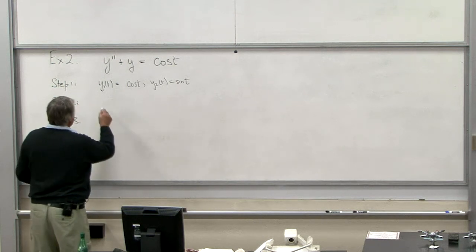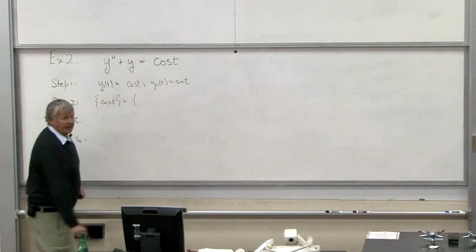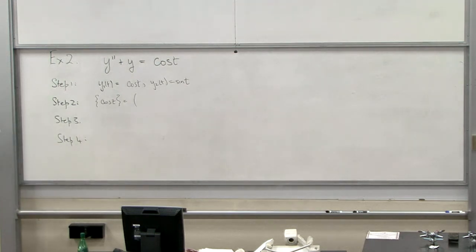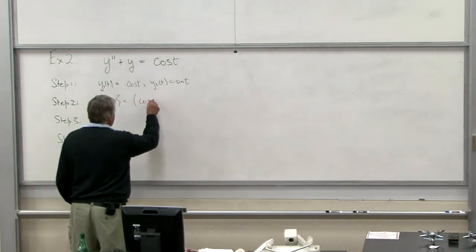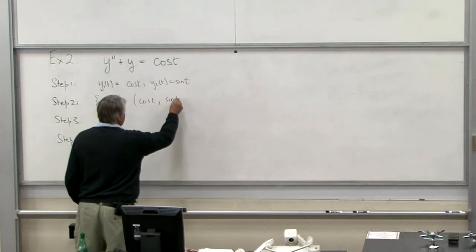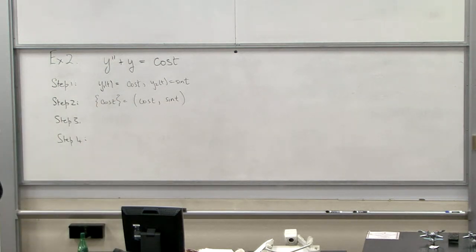Step 2, the auxiliary set for cosine t. What is that? Cos t and sine t. Right?